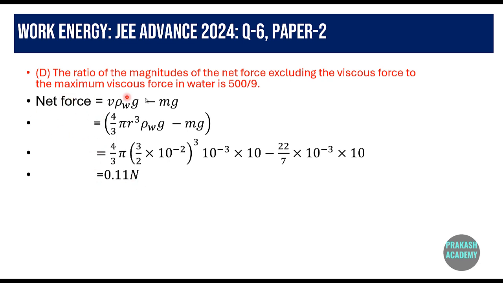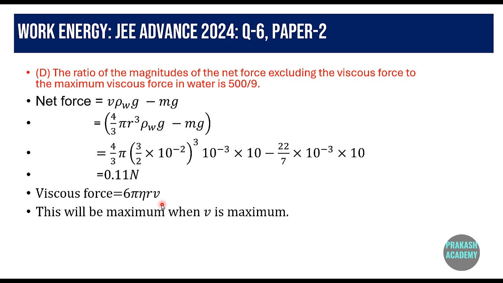And what is the maximum viscous force? Viscous force is equal to 6 pi eta r v. This formula you have to remember. It will be maximum when the velocity is maximum, and the maximum velocity is when it just reaches the top, that is 7 meters per second. So the maximum viscous force will occur when it reaches the top surface of the water.